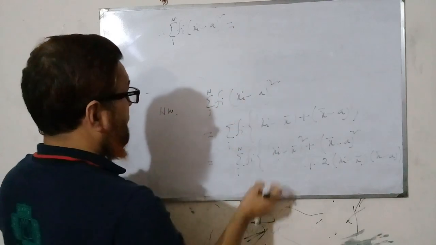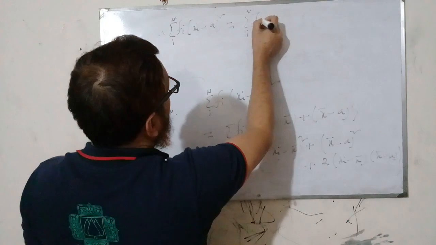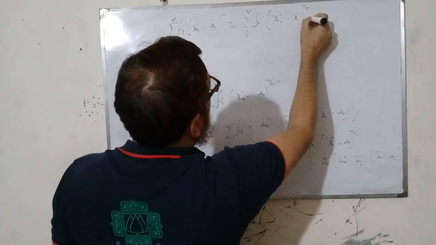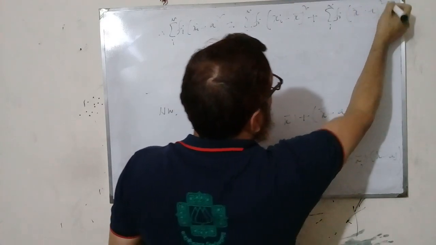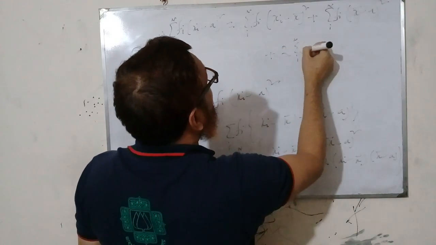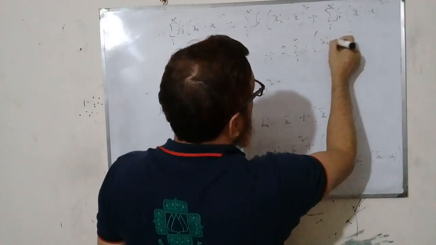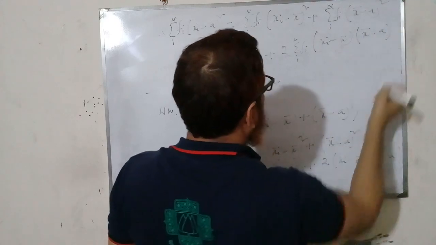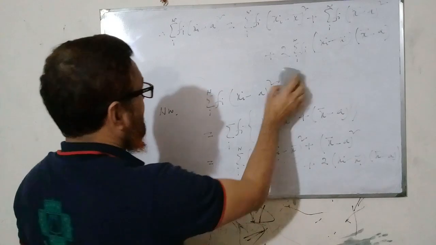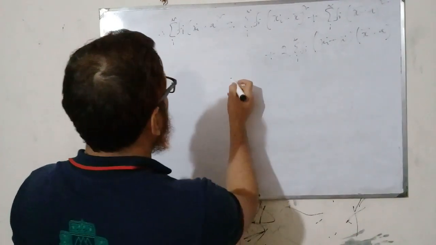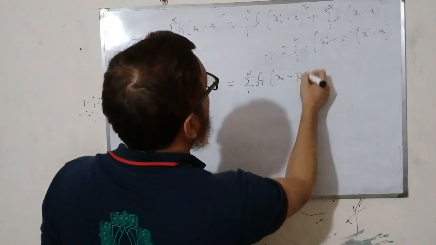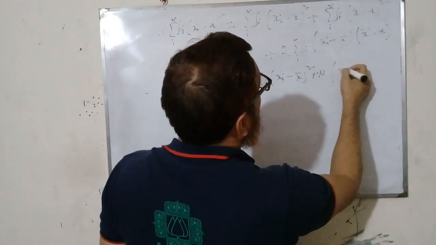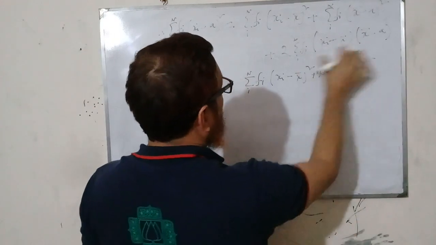(xi - a) whole square, if we multiply by summation fi and put these values, we get summation fi equal to n, and summation fi (xi - x bar) equal to 0, so this term is 0.